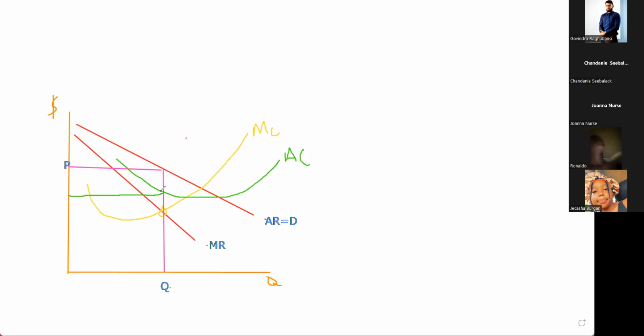This shaded area here is abnormal profit. Confirm with me that you're still following and you understand why we currently have abnormal profit. Give me a clear in the chat if you understand how we have abnormal profit at this level, before I start shifting stuff.